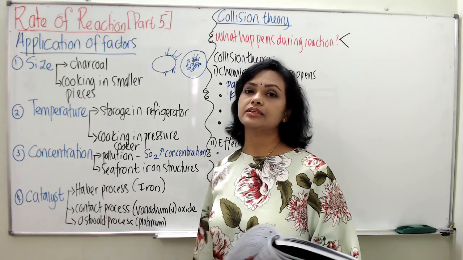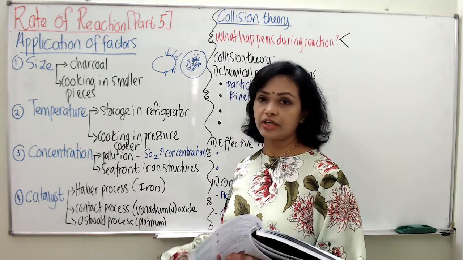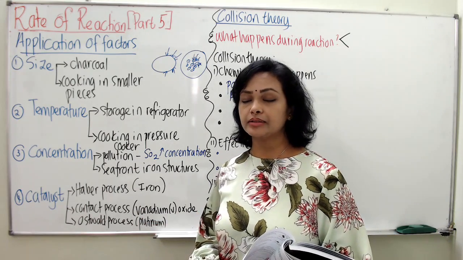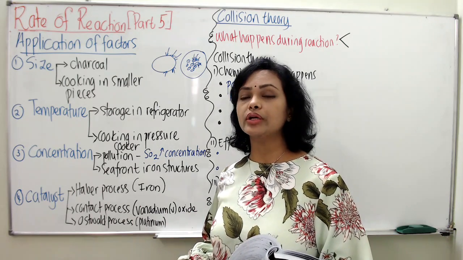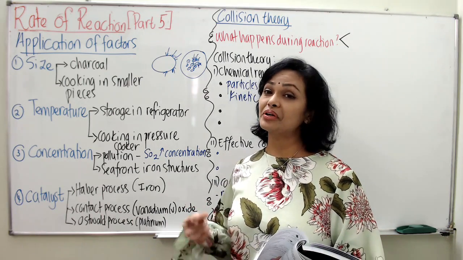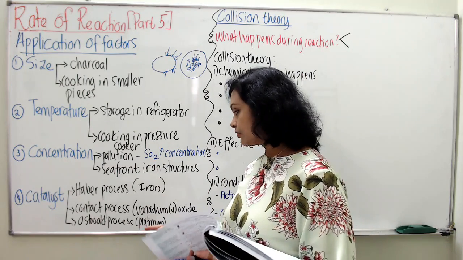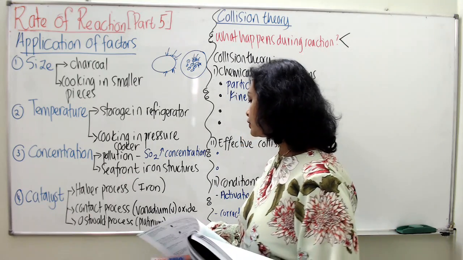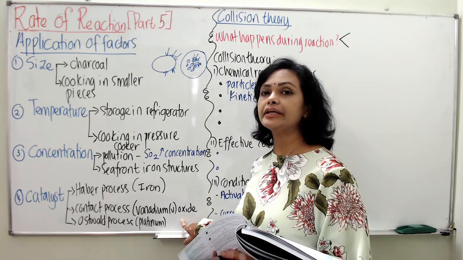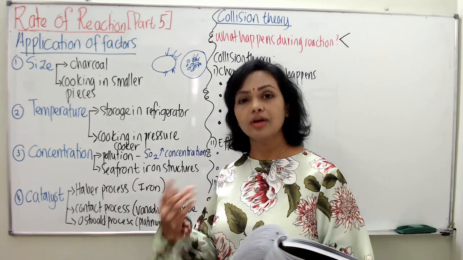Contact process is actually the production of sulfuric acid. Okay, on the second stage, where sulfur dioxide is being converted into sulfur trioxide, we use a catalyst called vanadium(V) oxide, which makes the rate of reaction faster.